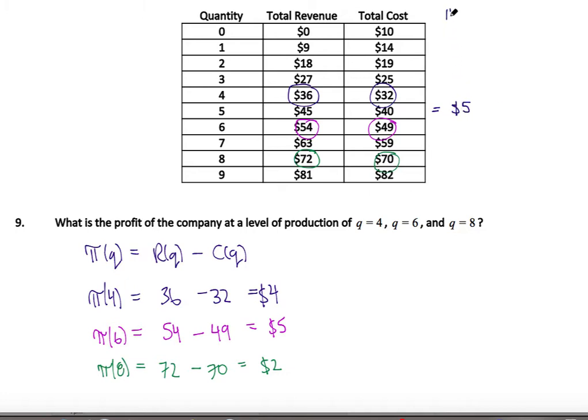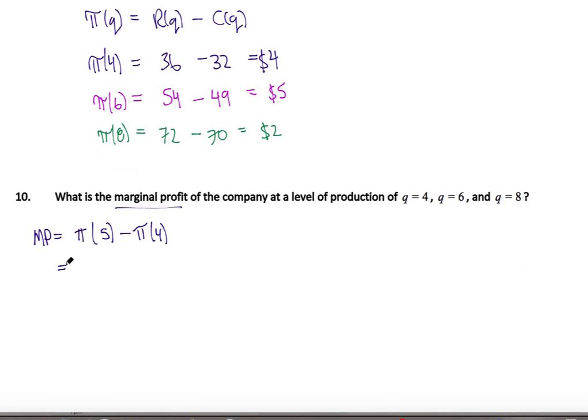So I'll call this my profit column. And therefore, my marginal profit would end up being $5 minus $4. So my marginal profit is only $1. Going on to the next one, I'm going to be looking at the marginal profit for 6, which would be the profit at 7 minus the profit at 6.